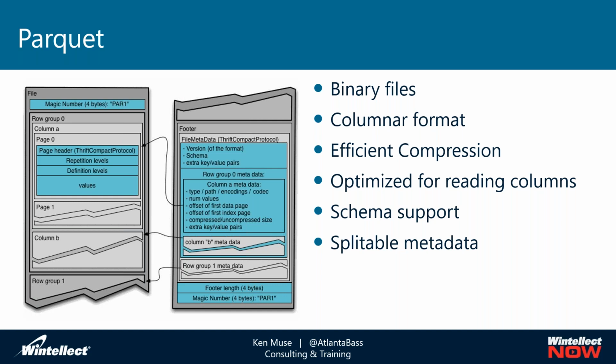It also has a concept called splittable metadata. The idea of that being that as we move to scale, we may want to be able to pull apart the Parquet file and load parts of it across multiple nodes. And that way each node can read the individual parts.